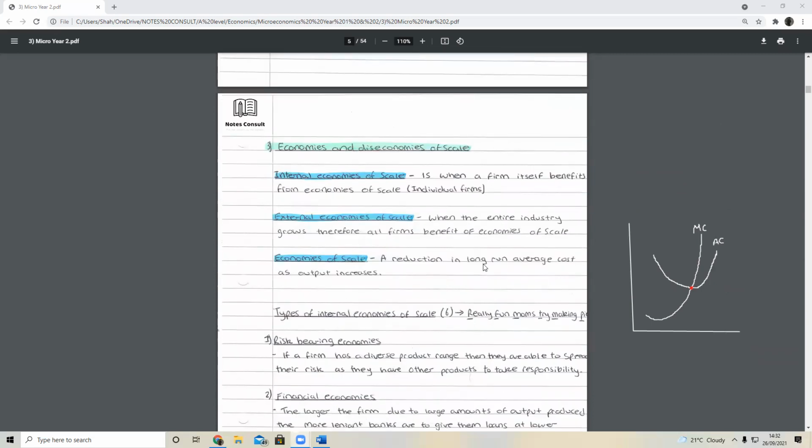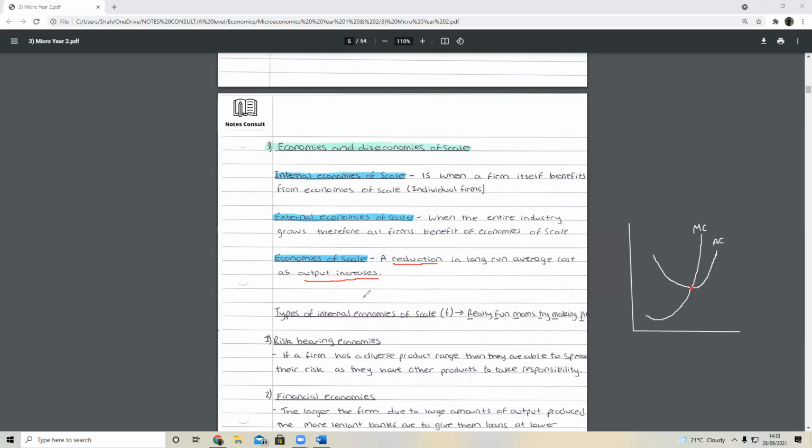So we're going to look at these economies and diseconomies of scale further and understand what they actually mean and what the different types are. We can break up economies of scale into two. Remember I said that economies of scale are a reduction in long run average cost as output increases.